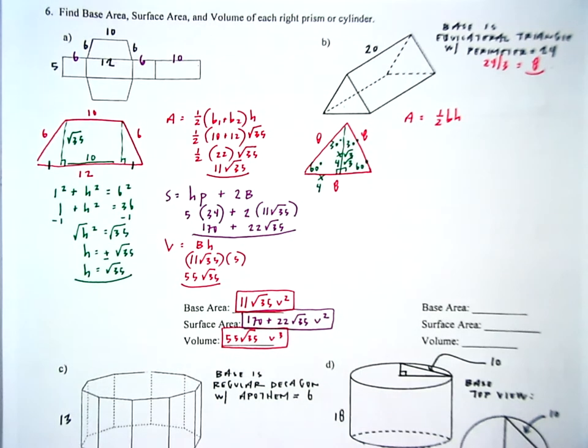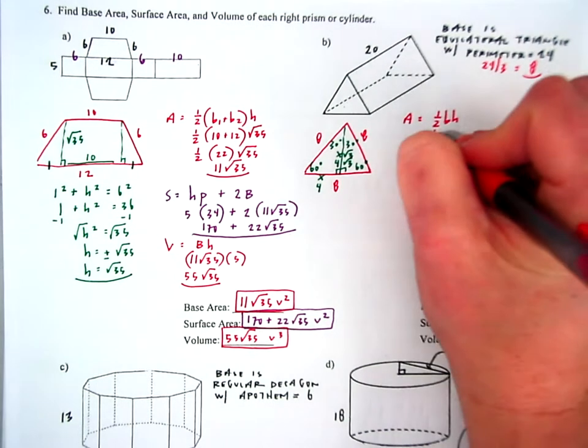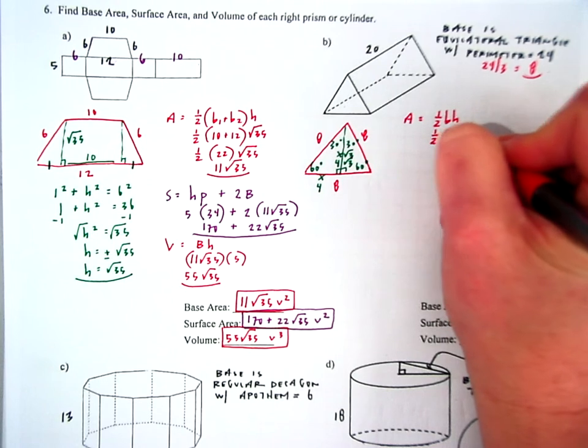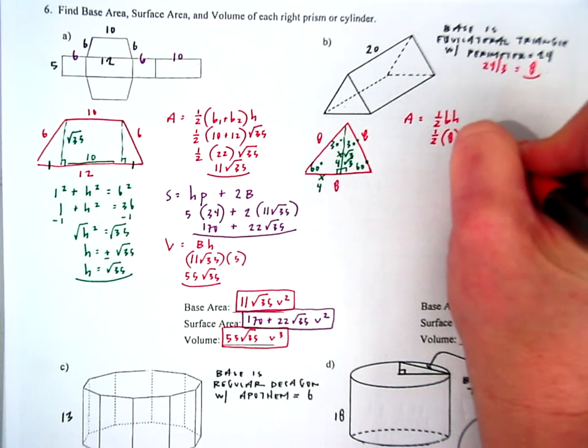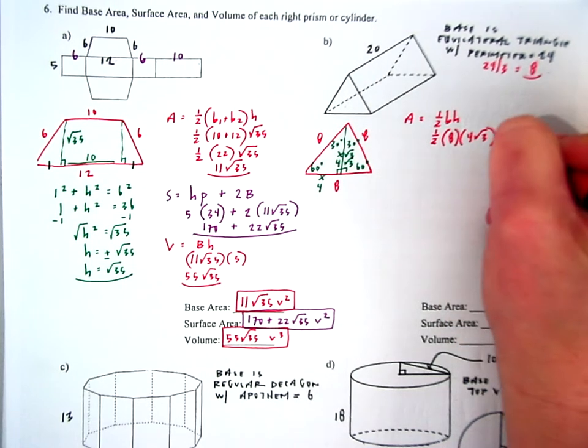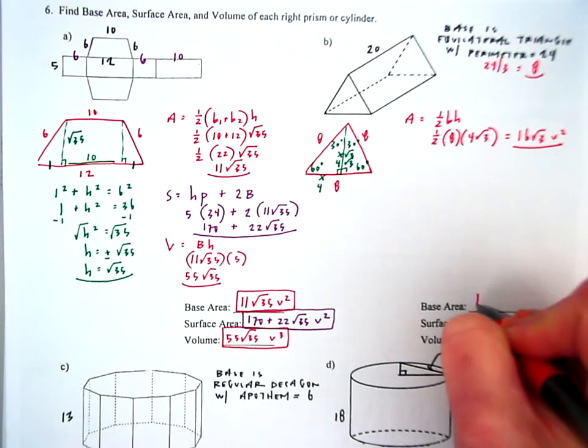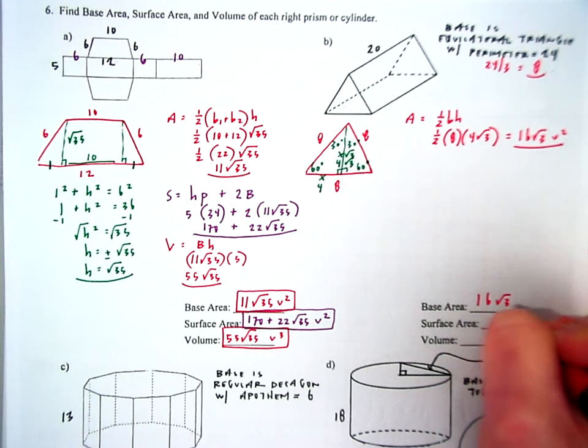That's ultimately what I needed. So I know that my base is 8, my height is 4 root 3. So 1/2 base is 8, height is 4 root 3. So when I multiply across, I get 16 root 3 units squared. So base area is 16 root 3 units squared.